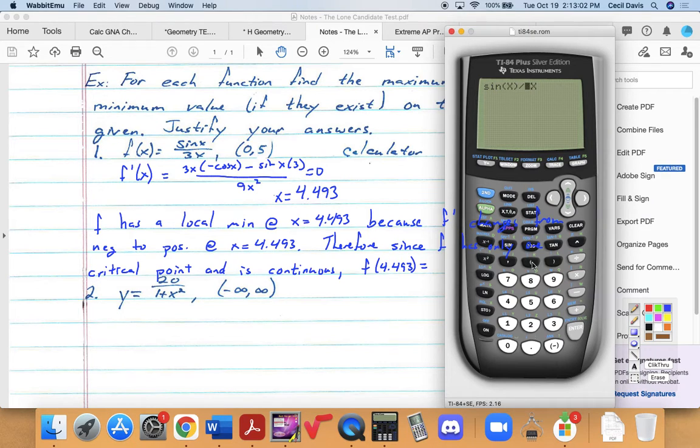I don't know if I need parentheses around the 3x or not. I think that I may.